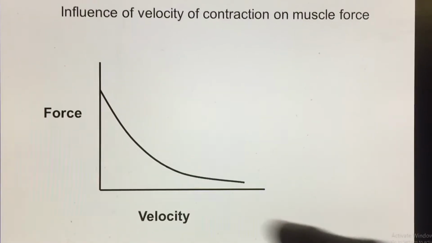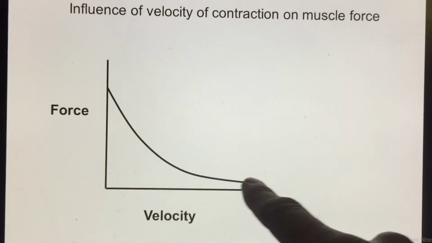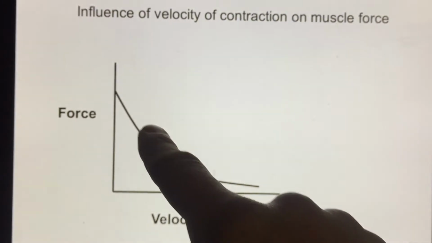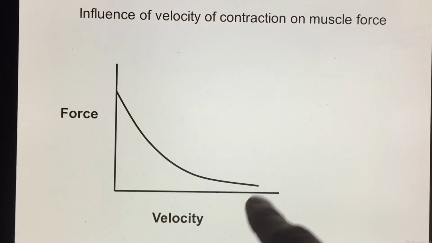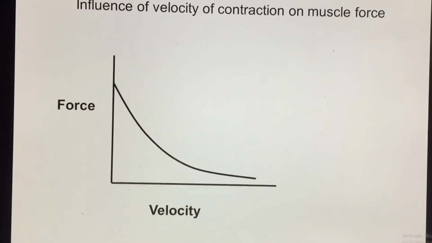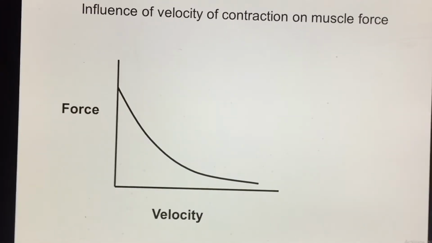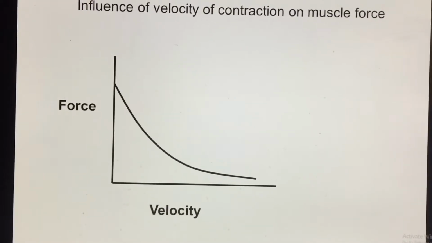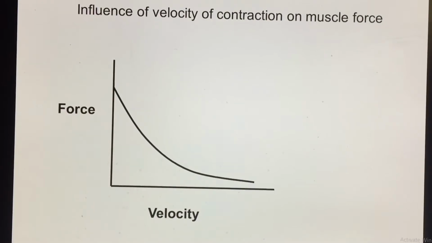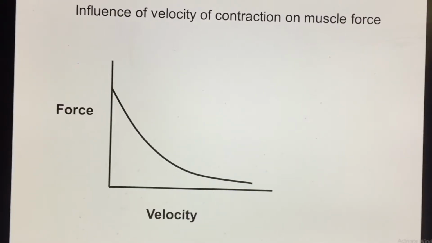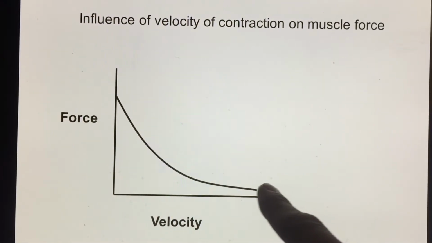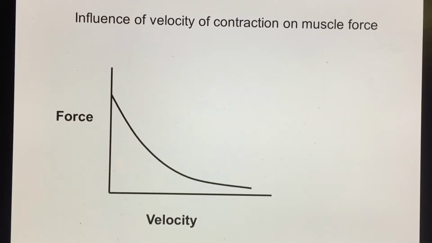And then this part of the curve where the force is gradually decreasing with velocity, that is called a concentric contraction. So your muscle is shortening while you're lifting a load. So that's called a concentric contraction. So your muscle is shortening while it's generating force. And you can see concentrically, as you increase the velocity, your force output would decrease.